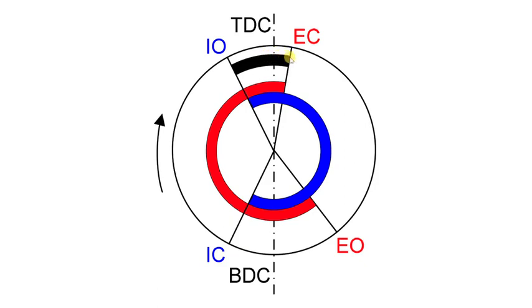Then this explosion, the increase in pressure, is going to push the piston back down again, and then the exhaust valve is going to open, because this whole section here was effectively our power stroke. So the power has been transferred to the crankshaft and then to our load.